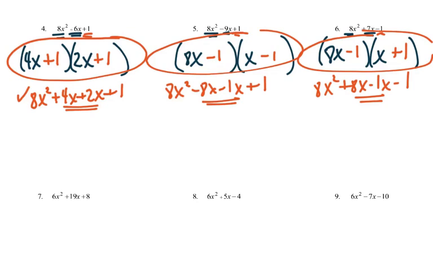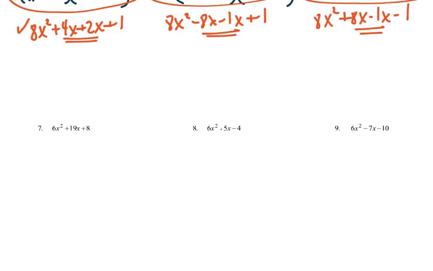So it takes just math intuition, I think, to do these problems. We'll try the last 3. We try and keep the numbers small, like 6x squared. Now I honestly don't know if that's a 6x and x or a 3x and 2x. So if I don't know, I'm just going to try one. And then 8, well boy, that could be 1 times 8, that could be 2 times 4. I've got to manipulate the numbers so that I get an inner and outer term that add up to 19.